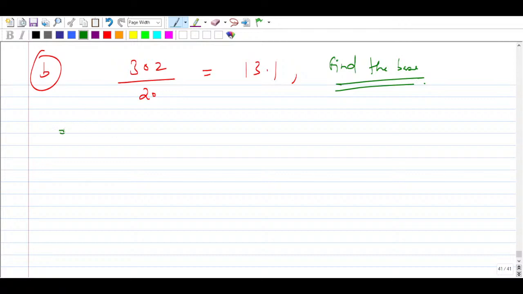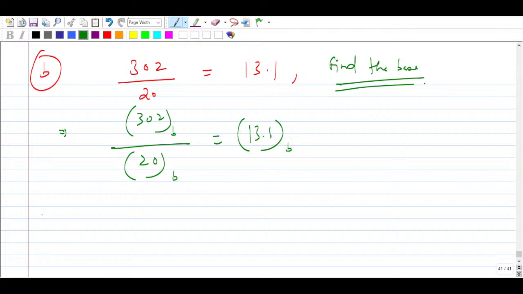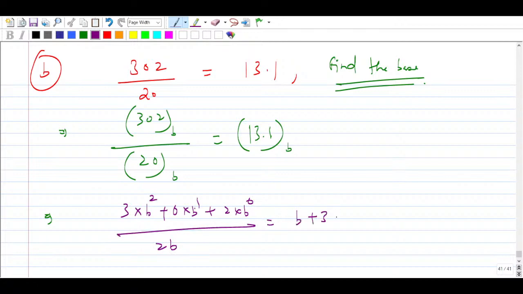So what we can do here is, again, we have to consider this is 302 base B, okay, and 13 point 1, can write like this, and then say 3 in that is B raised to power 2 plus 0, then 2 raised to power 1 plus B will get here plus 3 and plus 1 by B, because this will be having, right, because it is next to the radix point, right?